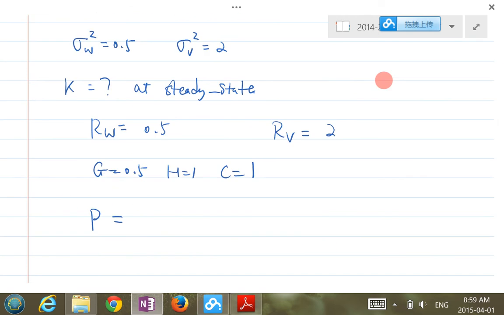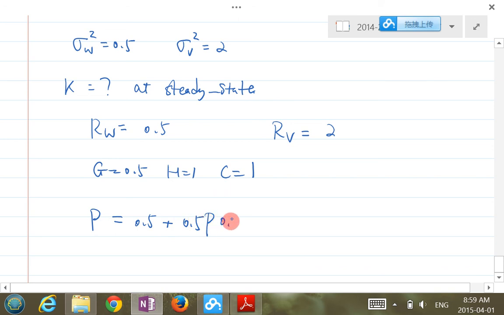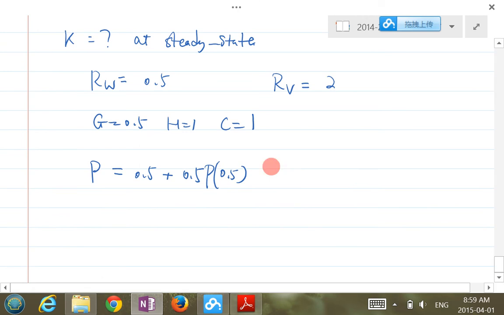So P is RW, which is 0.5, plus 0.5 for G, times 0.5. Transpose of a scalar quantity, no change, and then 0.5 times P over 2.5 plus P, 2 plus P times 0.5.